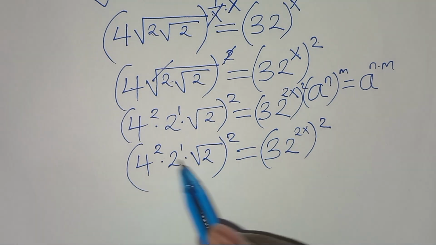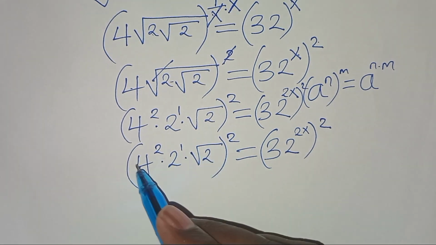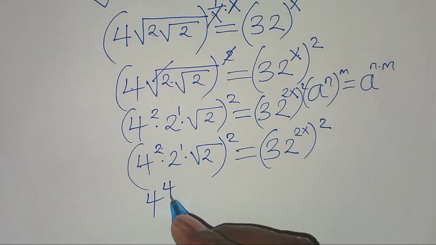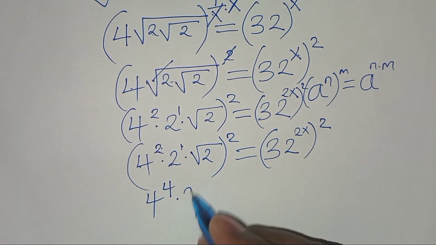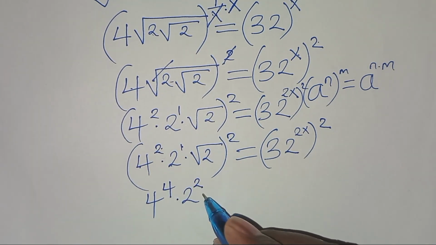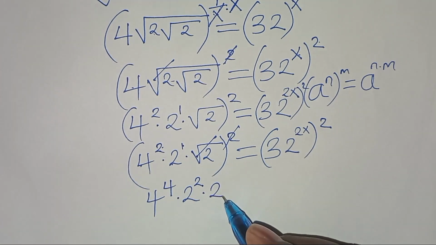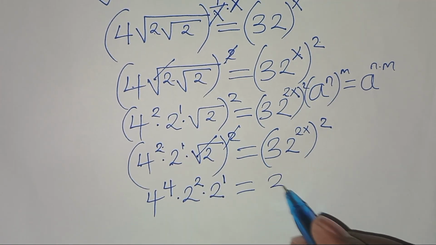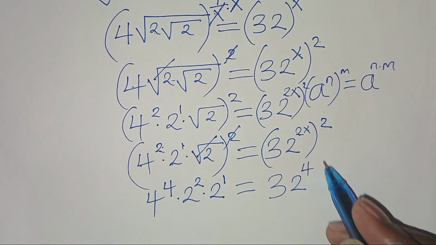The next step here, we have 4, this is 2 times 2, so we have 4 to power 4, multiplying by 2 to power 1, so here we have 2 to power 2, multiplying by, now let's eliminate the square root sign here, so that times 2, and this 2 is 2 to power 1. This is equal to 32 raised to power 2x times 2, this is 4x.